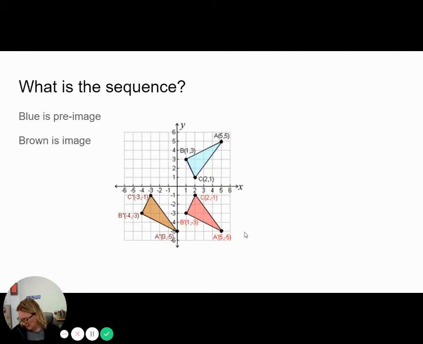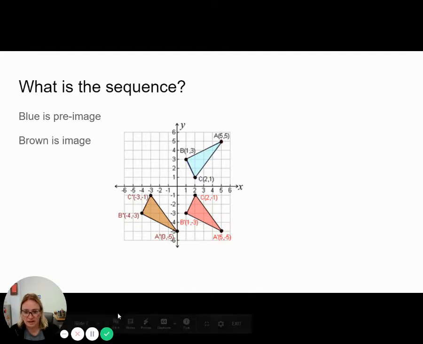So here is an example. Okay, the blue triangle is the pre-image. The brown, or I guess it's kind of orange triangle, is the image. Take a minute and look and see if you can determine what the sequence was. What came first? What came second?